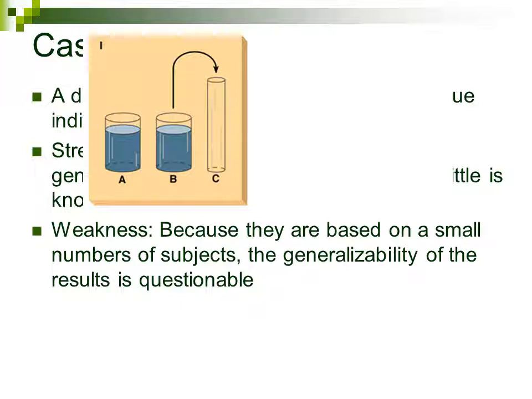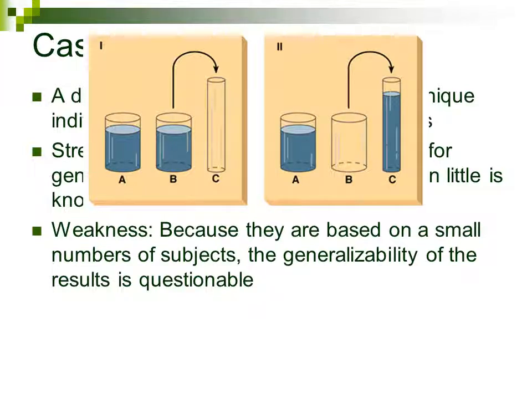When one of the beakers is poured into a taller, thinner container, however, children who are typically younger than 7 or 8 years old say that the 2 beakers, A and C, now contain a different amount of liquid. The child simply focuses on the height and width of the container and concludes that the volume must be different. Now, that's interesting that Piaget's children can't do this, but what does this tell us about the thinking ability of children in general?